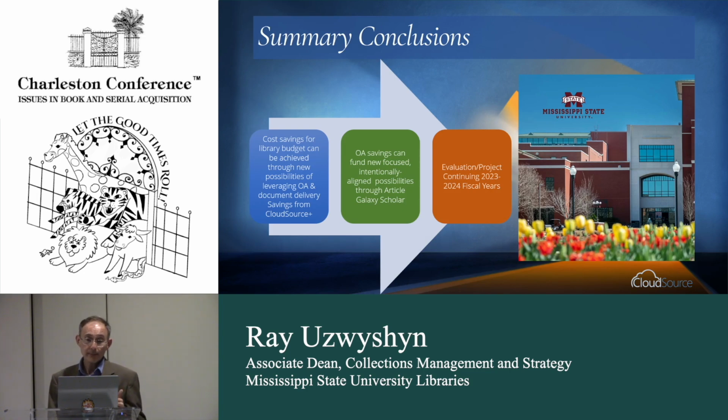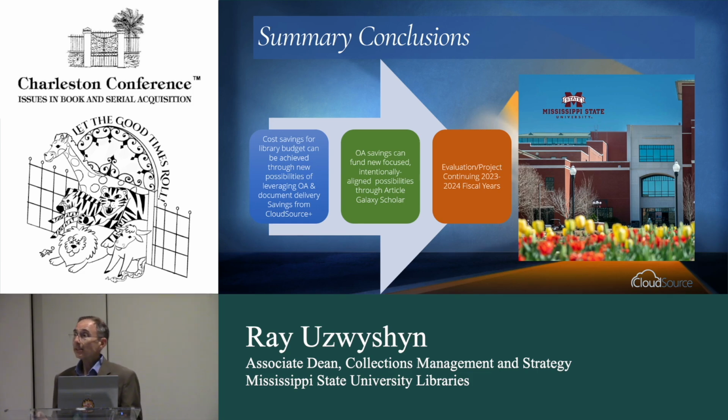So to make a couple of final conclusions for my part, cost savings for the library budget can be achieved through new possibilities of leveraging open access and document delivery savings from CloudSource Plus. Open access savings can fund new focused, intentionally aligned possibilities through Article Galaxy Scholar, that second piece.